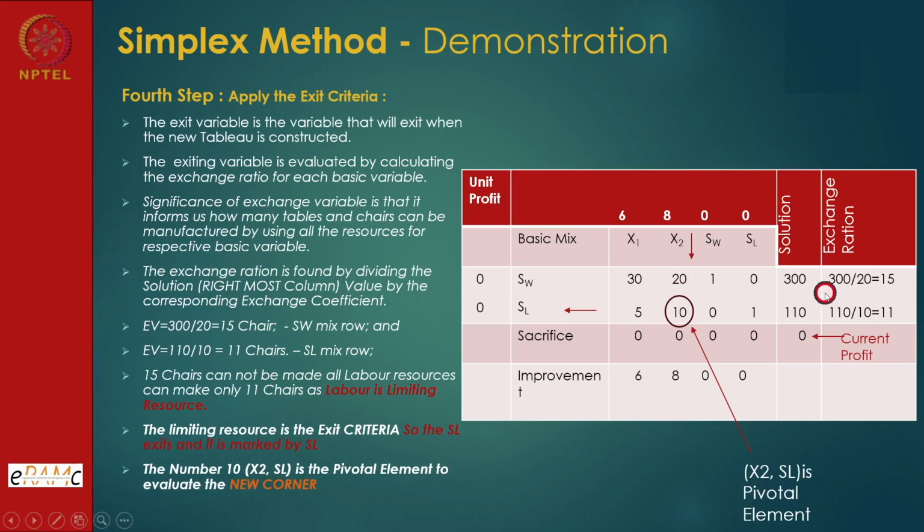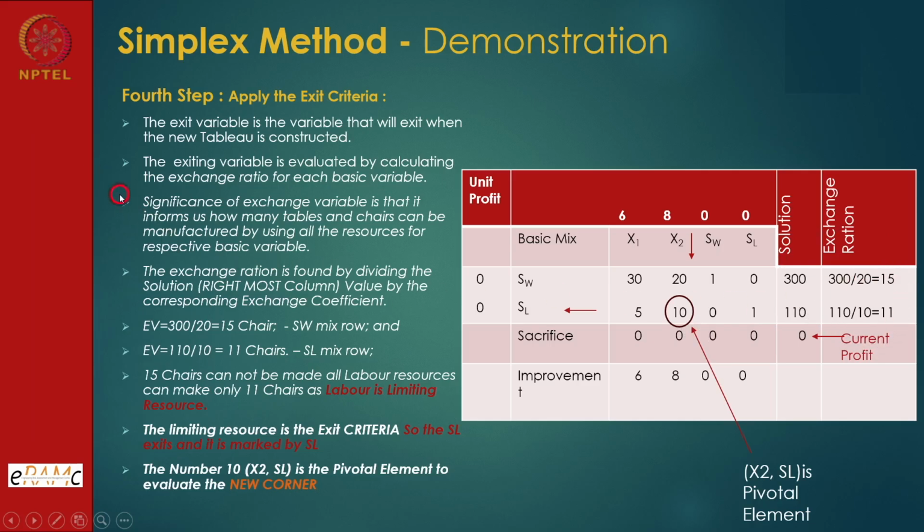That is the solution value divided by 20, which gives us 15, and 110 divided by 10, that is the pivotal element, gives us 11. So we got the exchange ratio here.